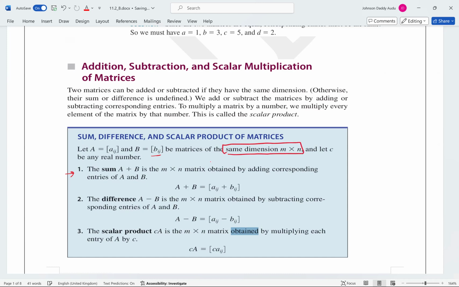So before you add or before you subtract, you must be sure that the matrices have the same dimension, right? So for addition, A plus B means that you're going to add the corresponding entries.